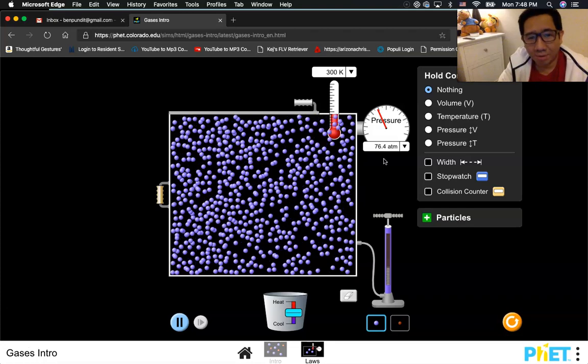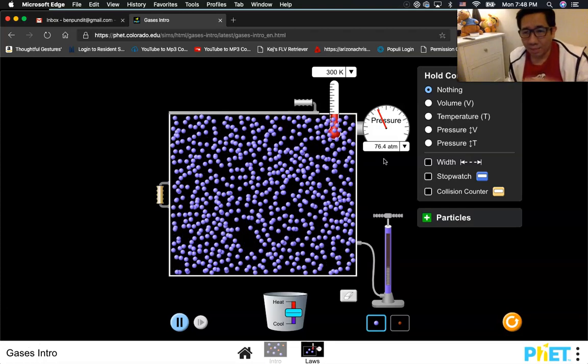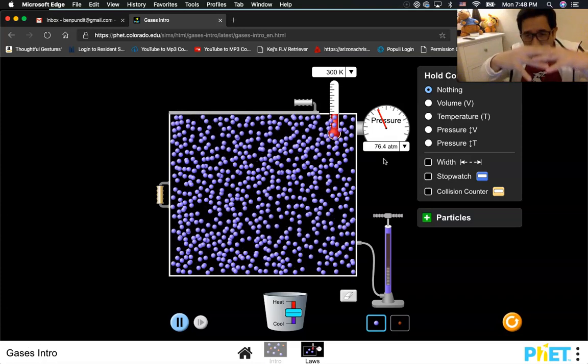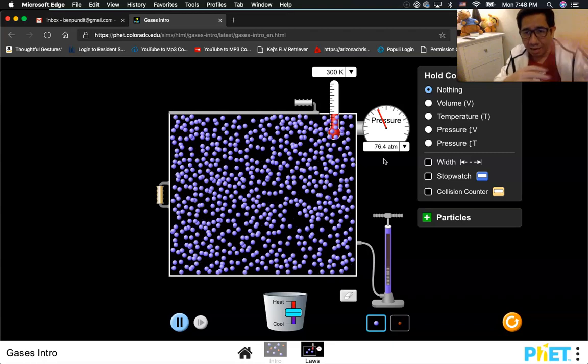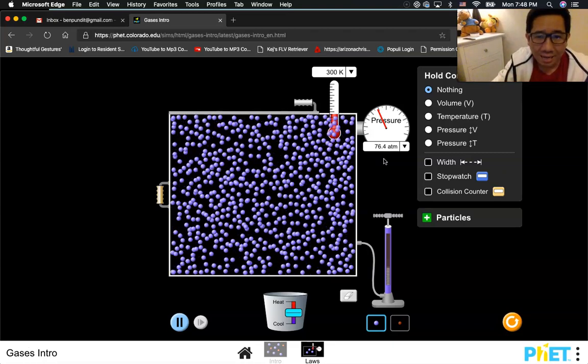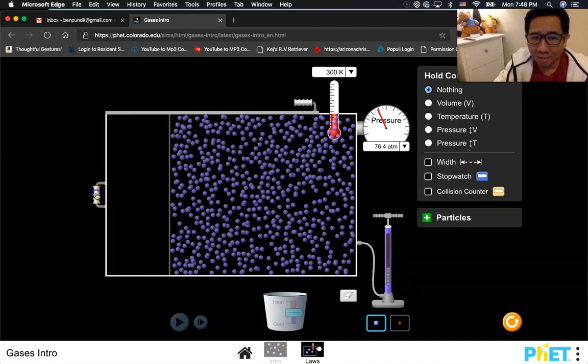When you breathe in, your diaphragm contracts. You pull down your diaphragm, and your lungs become bigger. What's going to happen if I increase the volume?